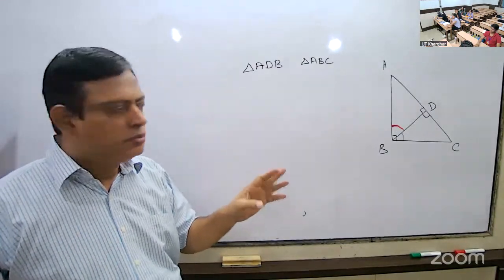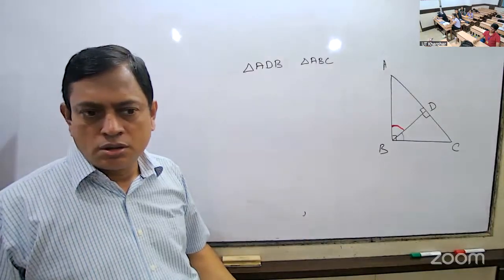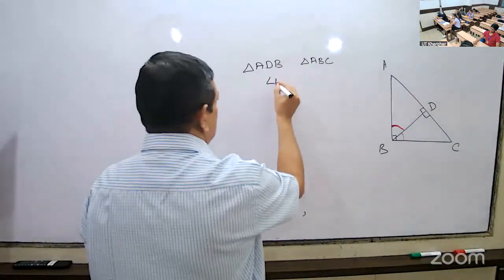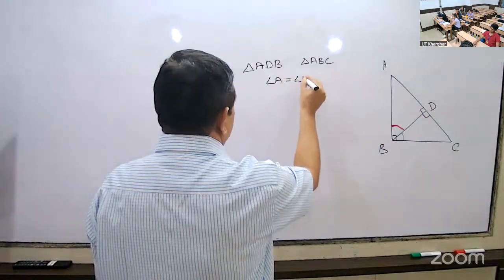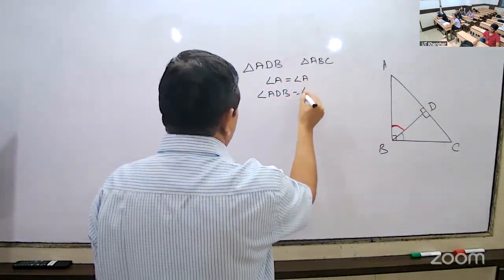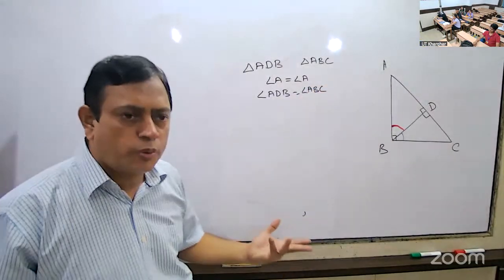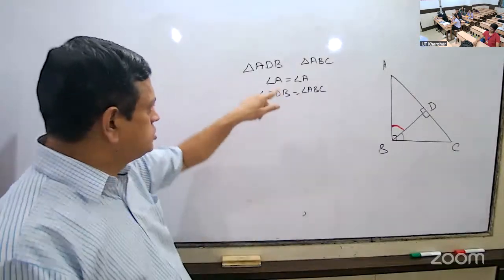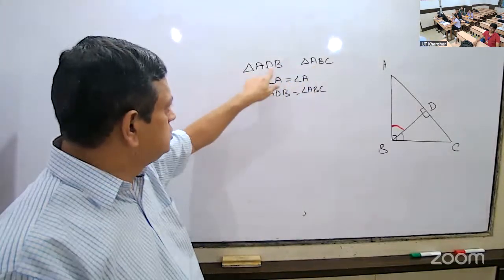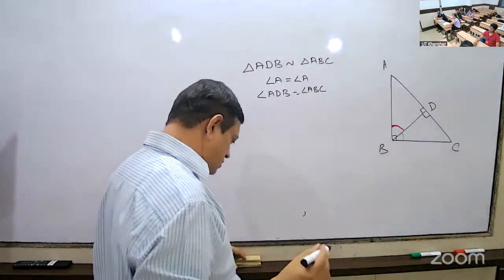Angle A is common between these two triangles or not? Angle A is equal to angle A, common. Then angle ADB is how much? 90, equal to angle ABC. So two pairs equal. Now check the order. A and D, D is equal to B. Therefore, these two triangles are similar by AA similarity.